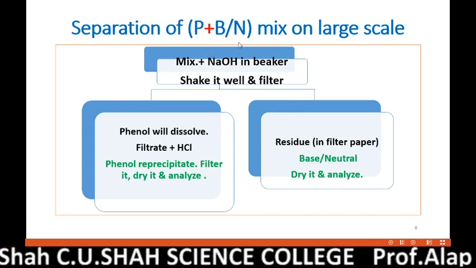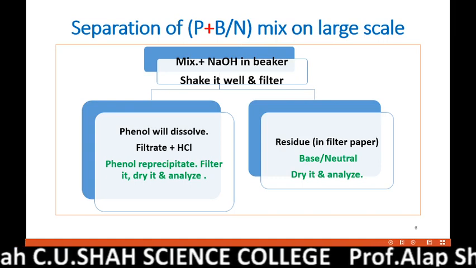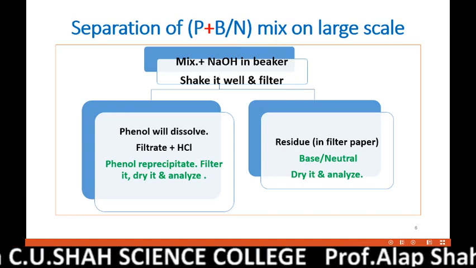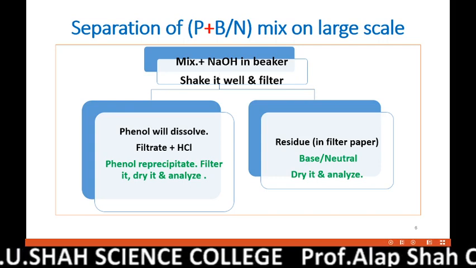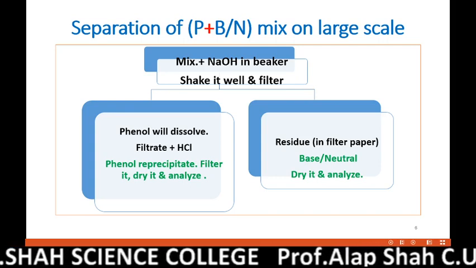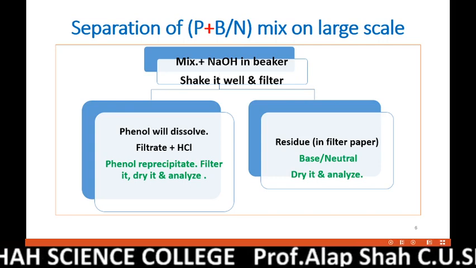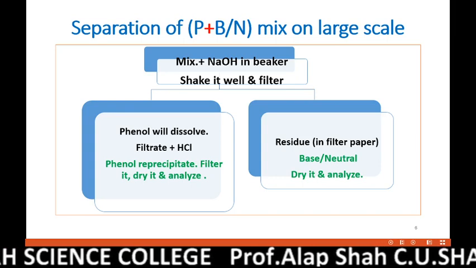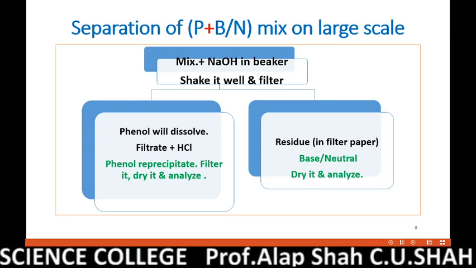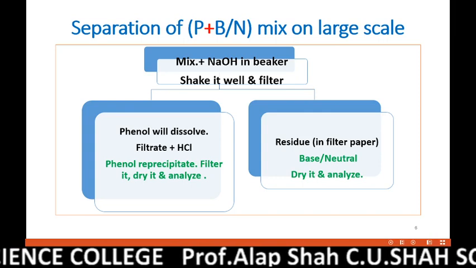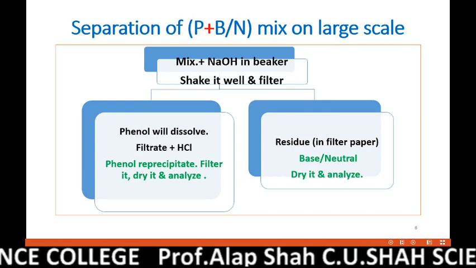We already knew that phenols dissolve in NaOH, while base and neutral cannot. So take your mixture into the beaker, add NaOH, and stir it very well with the glass rod. Phenol will dissolve into the NaOH. Filter it, so phenol will be in your filtrate.